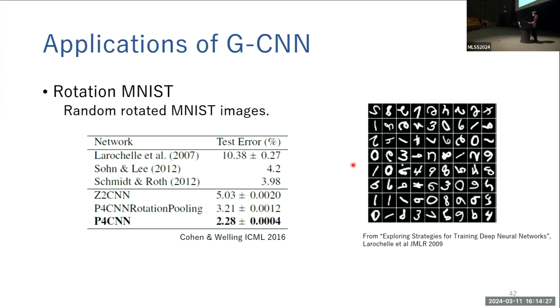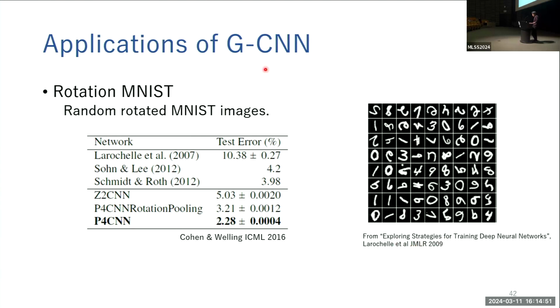This is synthesized data made by rotating MNIST, the handwritten digit data, with random angles. And we have this type of data. We want a rotation-invariant classifier for this.